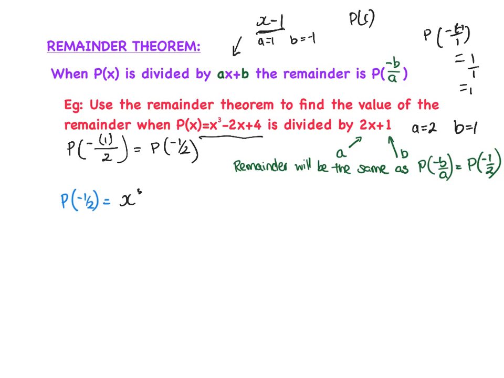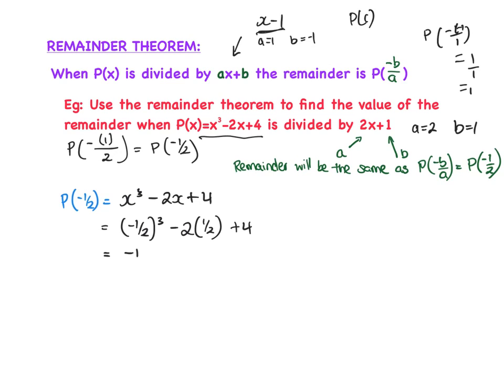We know the polynomial is this. So it'll be the same as negative a half cubed minus 2 times negative a half plus 4. Remember when you cube a fraction, you've got to cube everything.